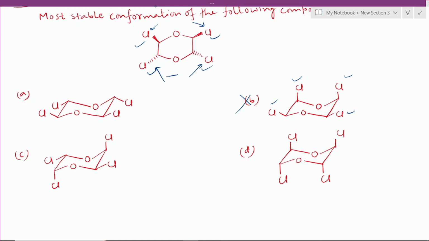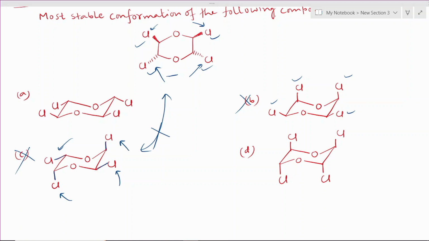But here you can see that this is an alpha chlorine and this is an alpha chlorine, but this chlorine is below the plane and this chlorine is above the plane. Here also this is an alpha chlorine, this is also an alpha chlorine, this is below the plane and this is above the plane. It does not match with this compound, so it is not the correct conformation. So our answer will be between option A and option D.